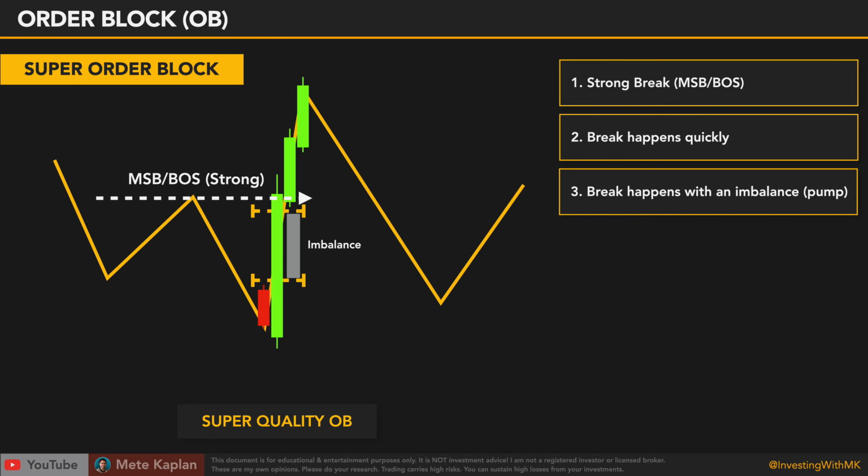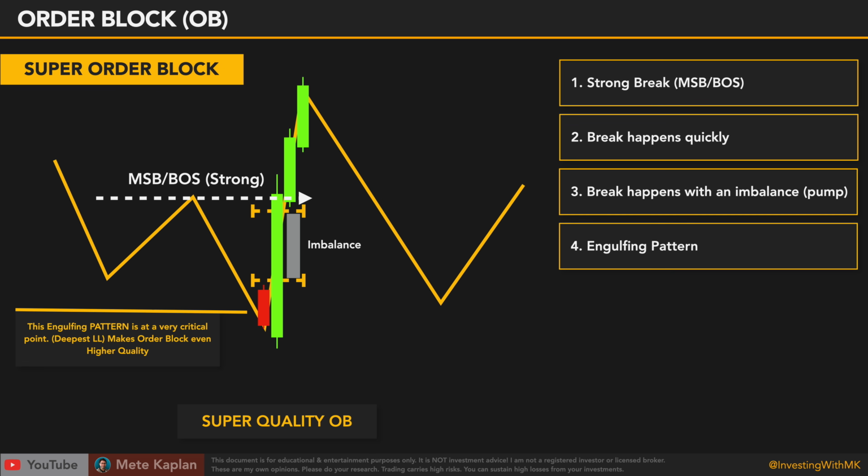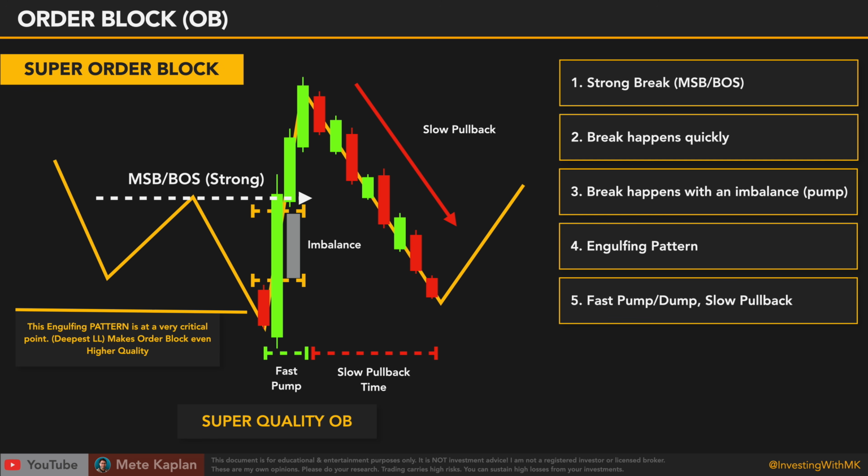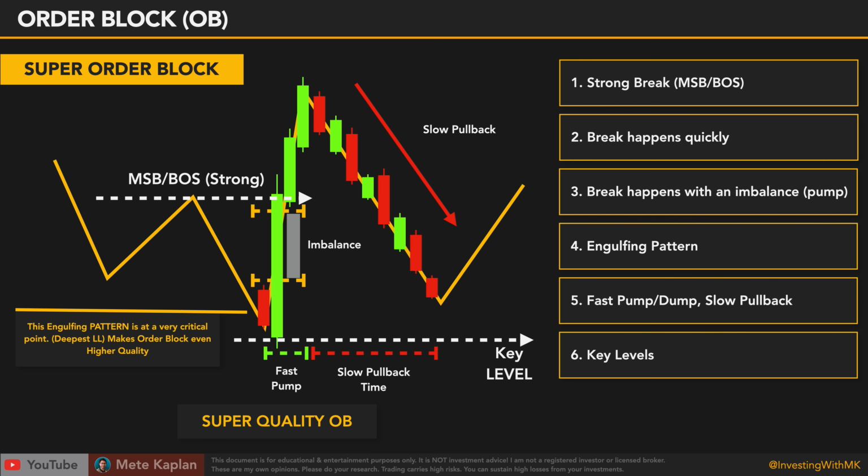Then you already know the drill, the imbalance. The next step is not mandatory, but with my backtesting, if the order block creates an engulfing pattern, it becomes a much more powerful supply or demand area. Another backtesting result: after a powerful movement, if it pulls back slowly, it is an even better reaction zone.